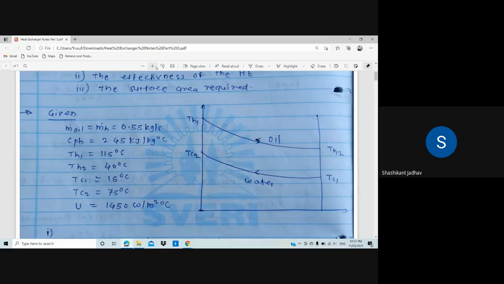The only unknown is the mass flow rate of the cold fluid. So which equation do we use to get the value of m dot c? Anyone, unmute yourself and tell me.